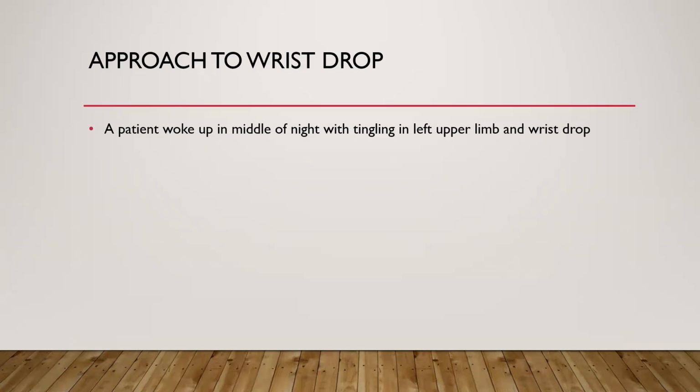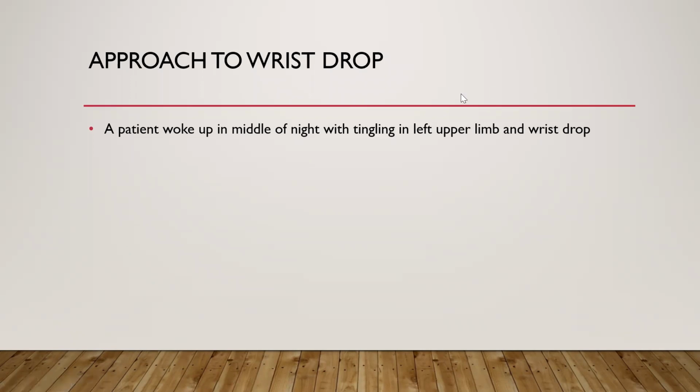A little bit of extension will happen, I'm not saying complete extension. But in cases of LMN, like radial nerve palsy, there will be more wrist flexion, or the wrist drops further. So that is the way to differentiate clinically between a cortical wrist drop and an LMN wrist drop.